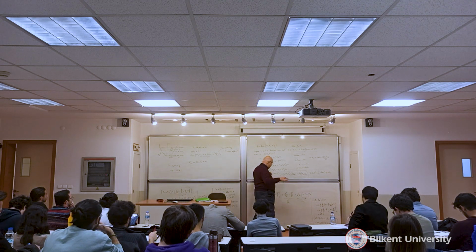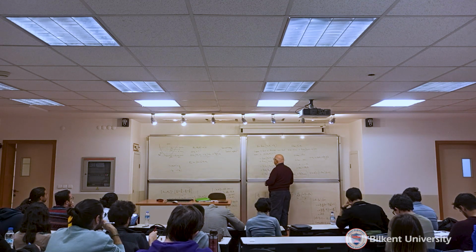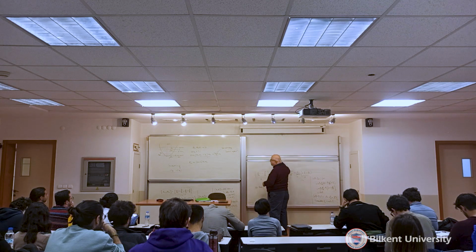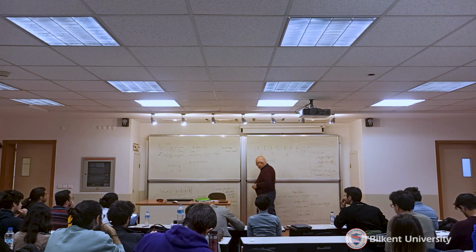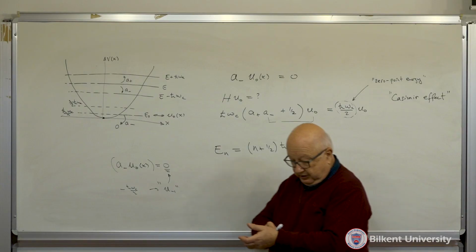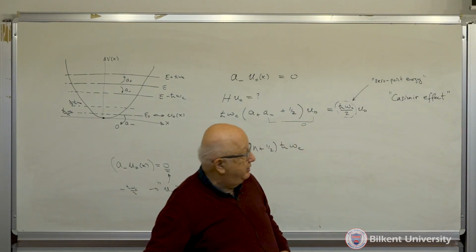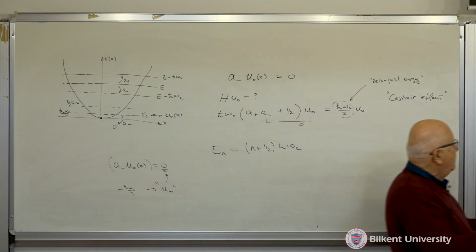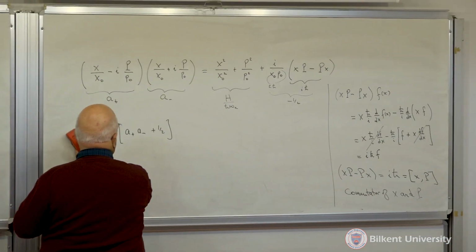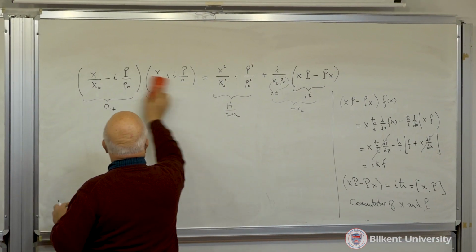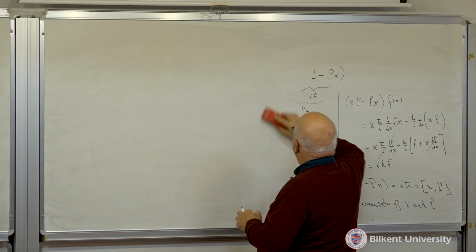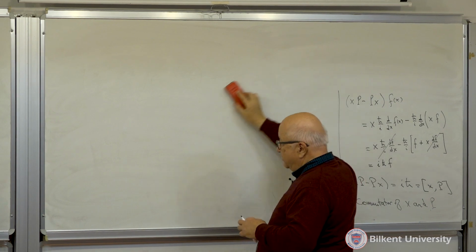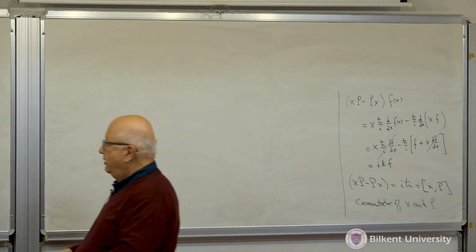We have not specified any wave function up to this point, and we have just used this nice algorithmic procedure using these operators a plus and a minus. So maybe it's time to look at what these wave functions look like.